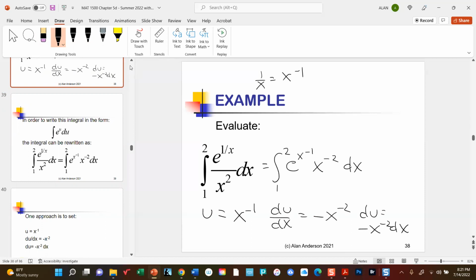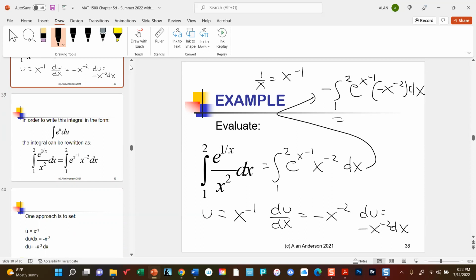And so now all of a sudden it's starting to look more promising, isn't it? Because the only thing that's missing here is a negative. So what we can do is rewrite this as -1 to 2 e to the x to the -1 power. And then we'll have minus x to the -2 dx.